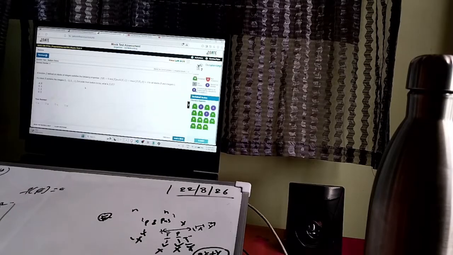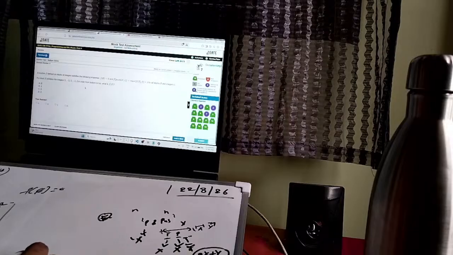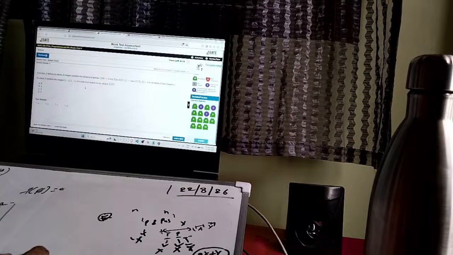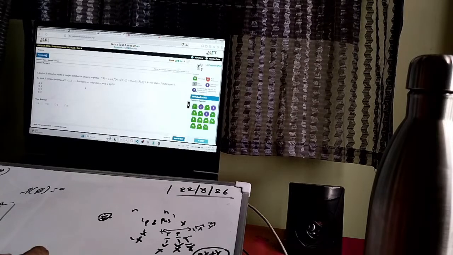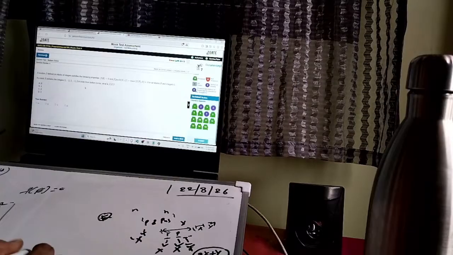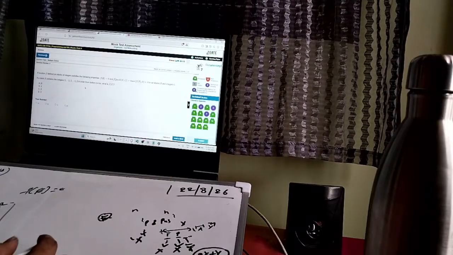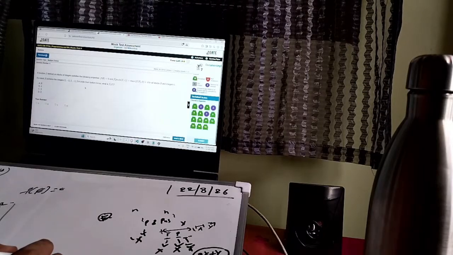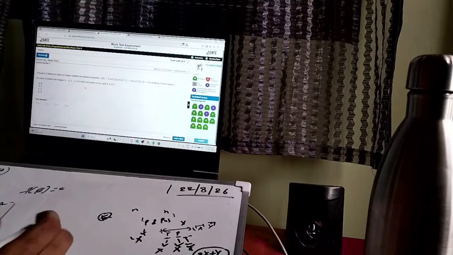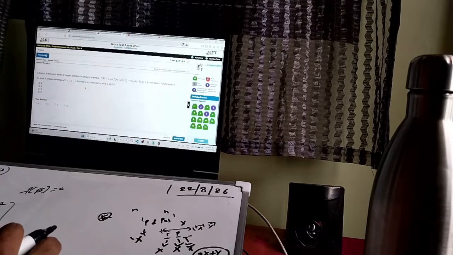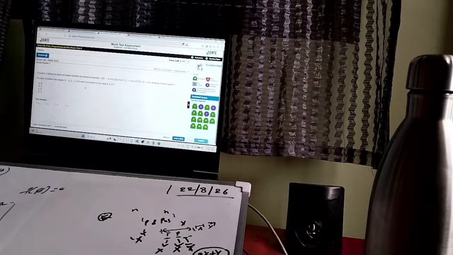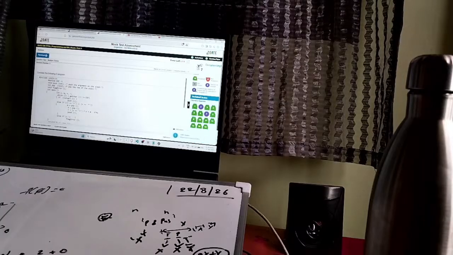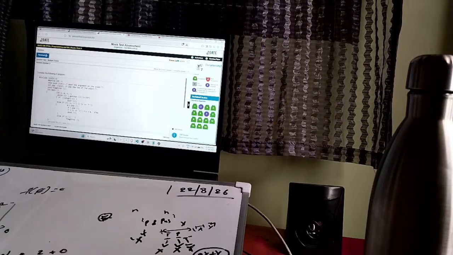So first we have to do 2. What do we have to do? First push 2 onto the stack. Okay, so I have done this.